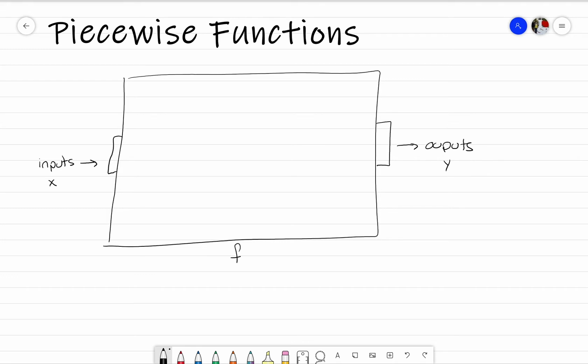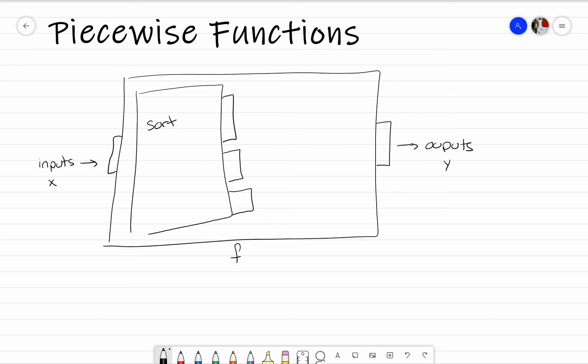The function is still going to have a name. Usually these names are f, sometimes you'll see g or h, and all kinds of other letters. These are the most common. And for piecewise functions, there's two components to it. The first component is a sorting machine, and we sort it into a few different potential boxes.